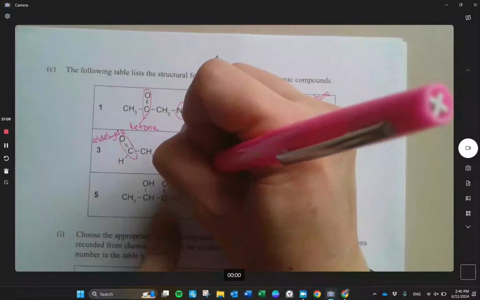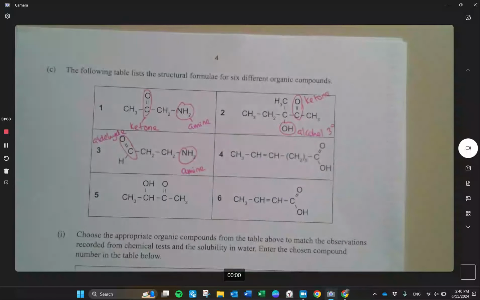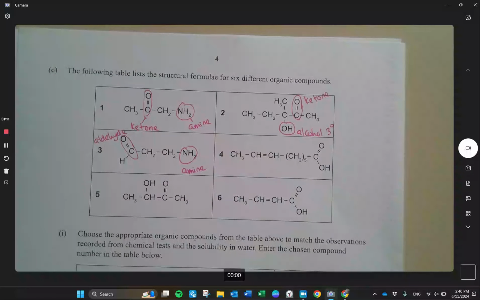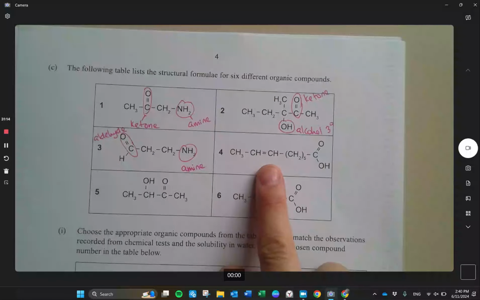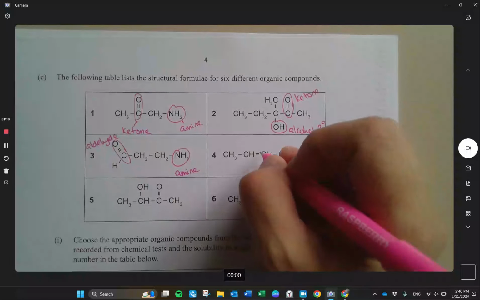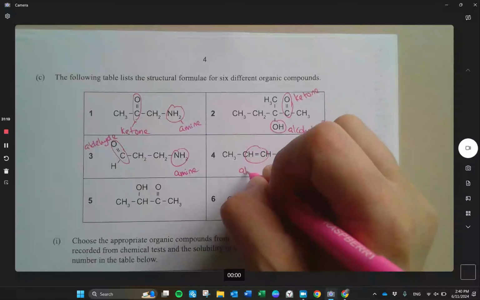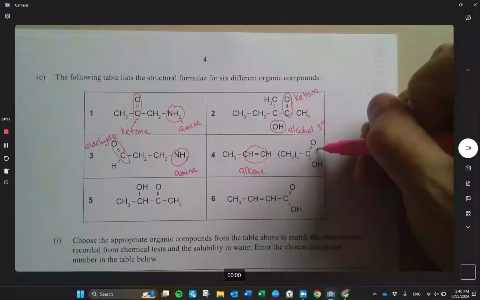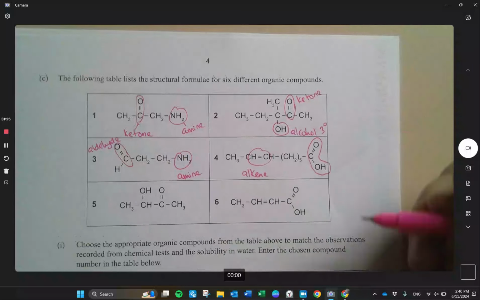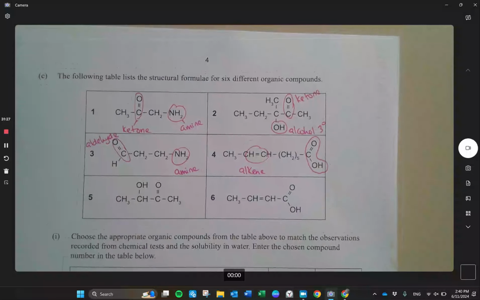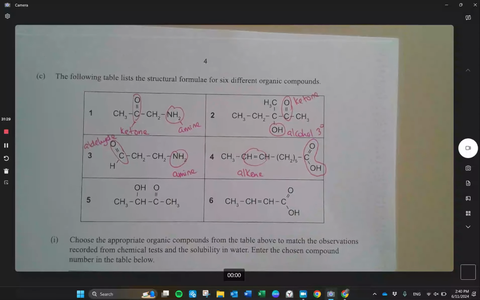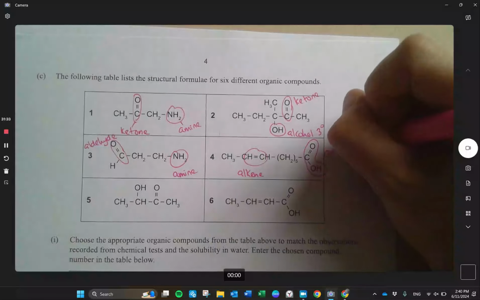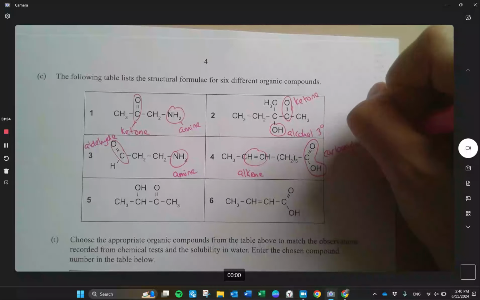All right, looking at number 4, we see double bonded carbons. So what is that? Okay. Good. And then this one over here, you see a double bond, you see a carbonyl and an alcohol, both attached to the same carbon. So what functional group is that one? Yeah, good. Okay.